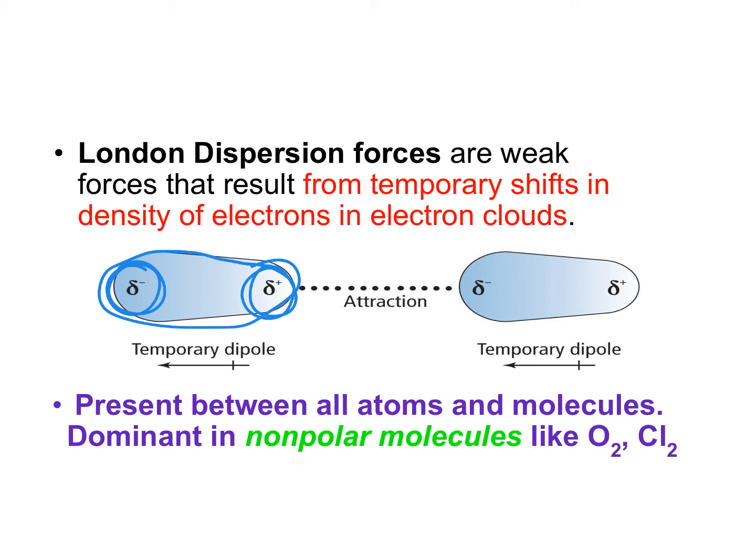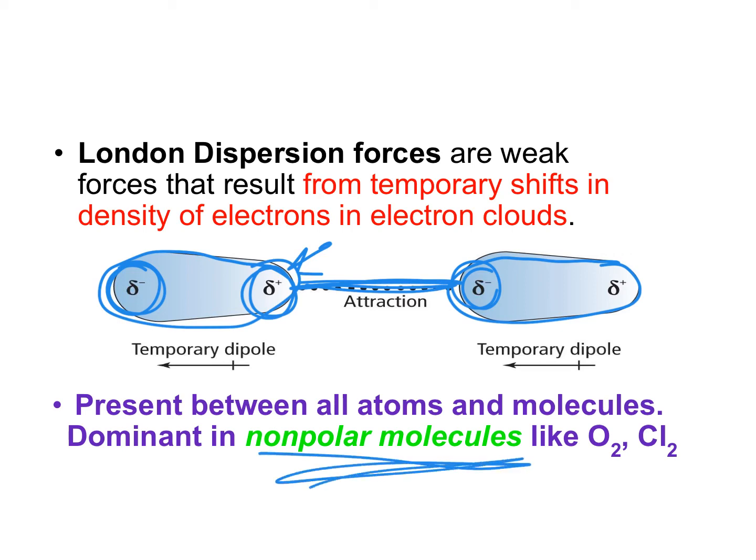This means that when we have two of the same molecules, or just any type of molecule, the negative and the positive will line up and form this little attraction to each other. This is present between all atoms and molecules. It's dominant, though, in nonpolar molecules, especially these guys.